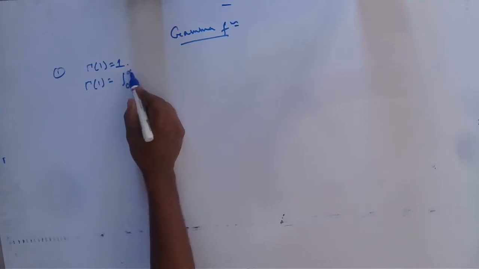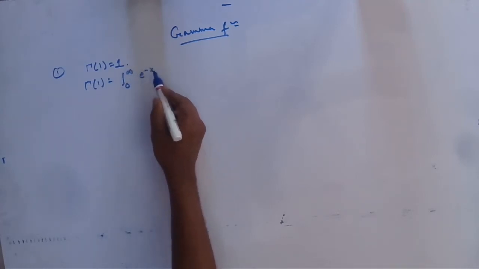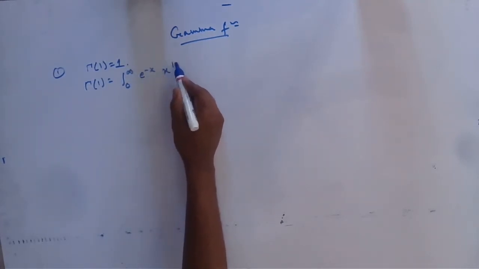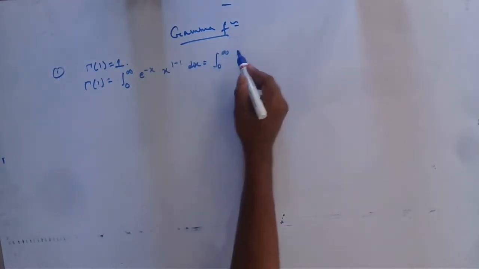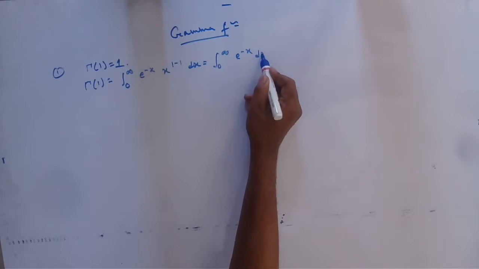The proof of this is very simple. From the definition of gamma function, we get gamma 1 equal to integration 0 to infinity e to the power minus x, x to the power 1 minus 1 dx, that is integration 0 to infinity e to the power minus x dx.